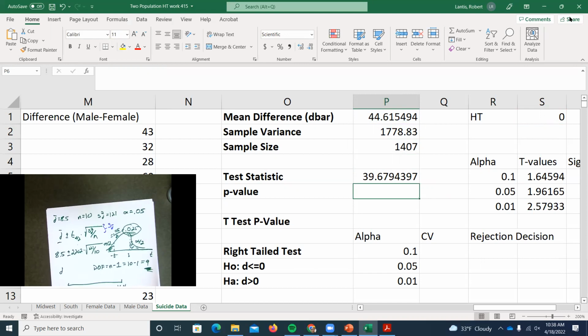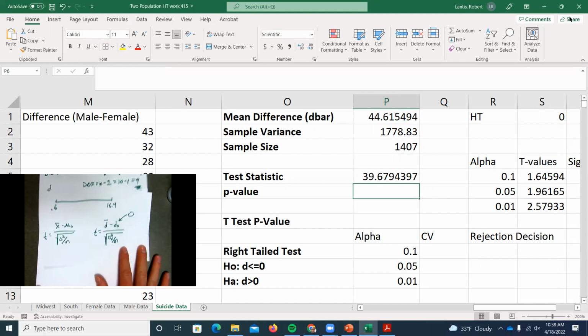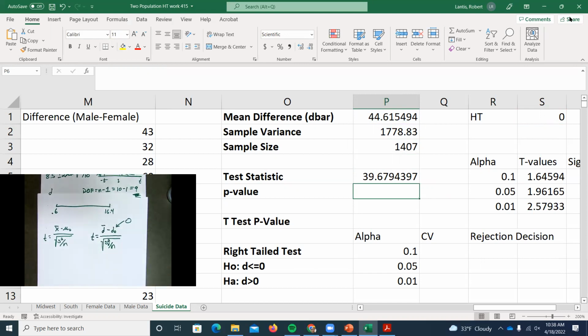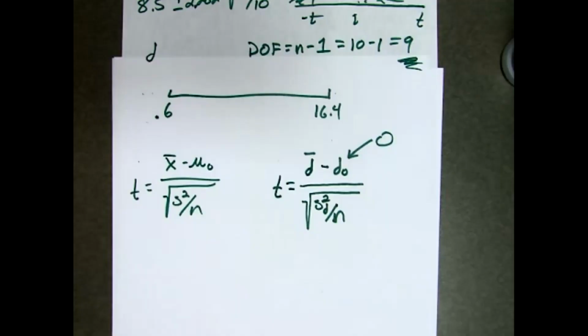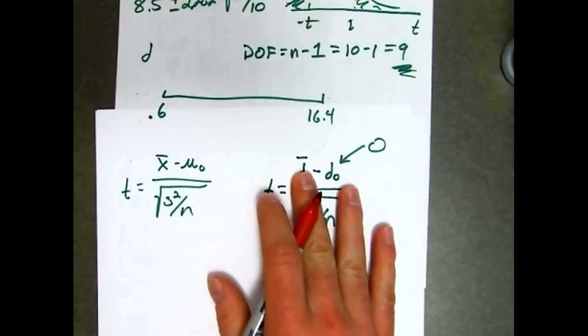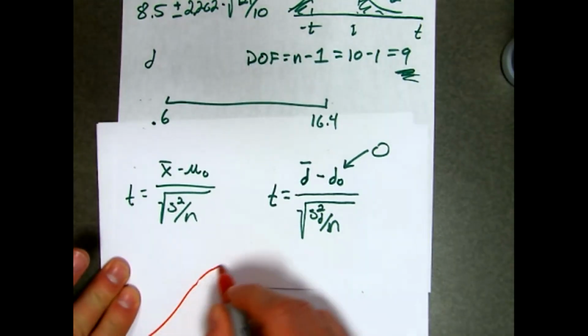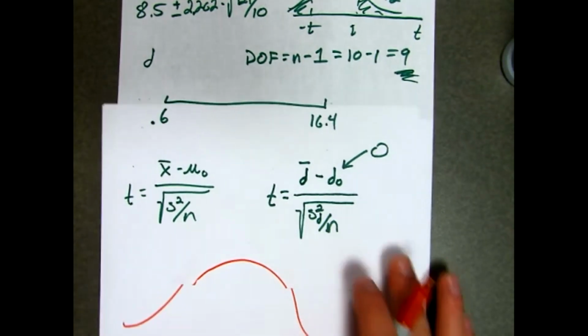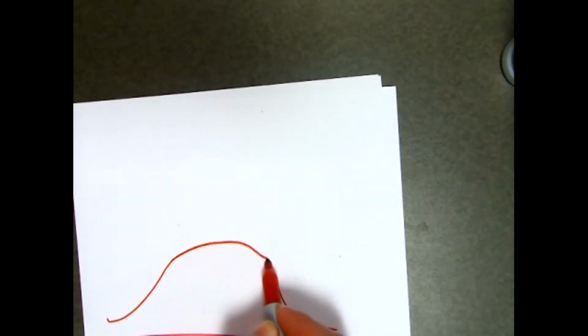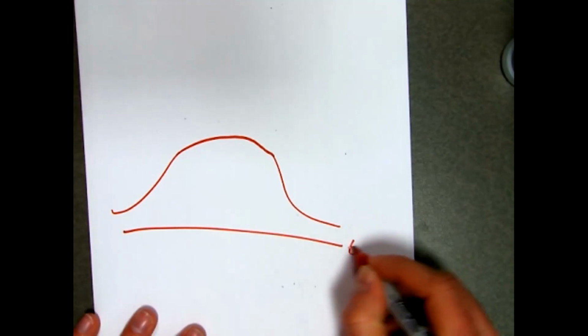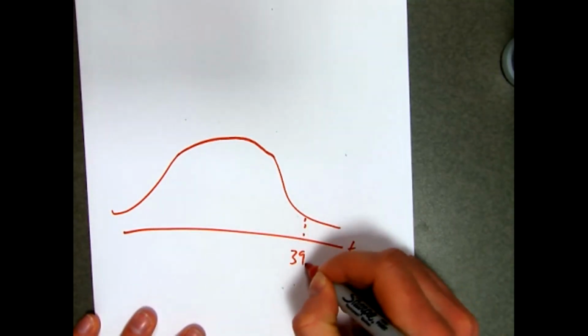So what is that telling me? Well, if I were to look up my p-value here, my test statistic, oops, well, we'll have to show that later. My test statistic was 39.6.